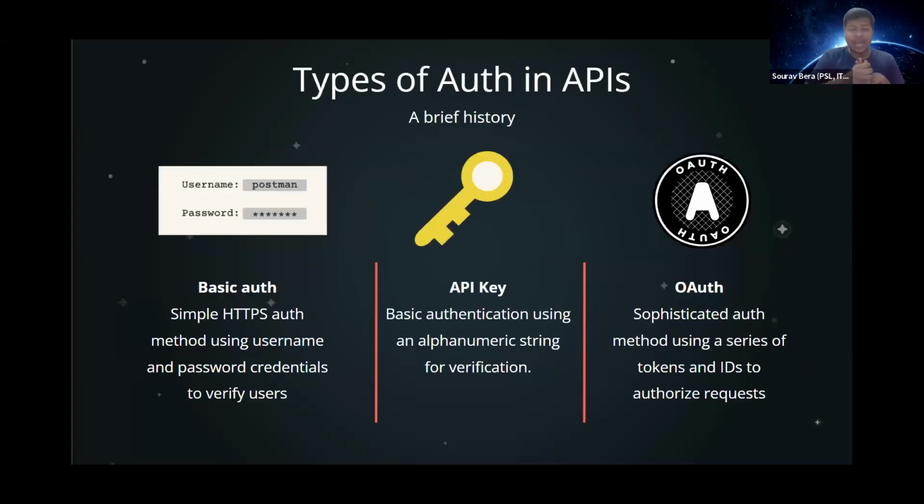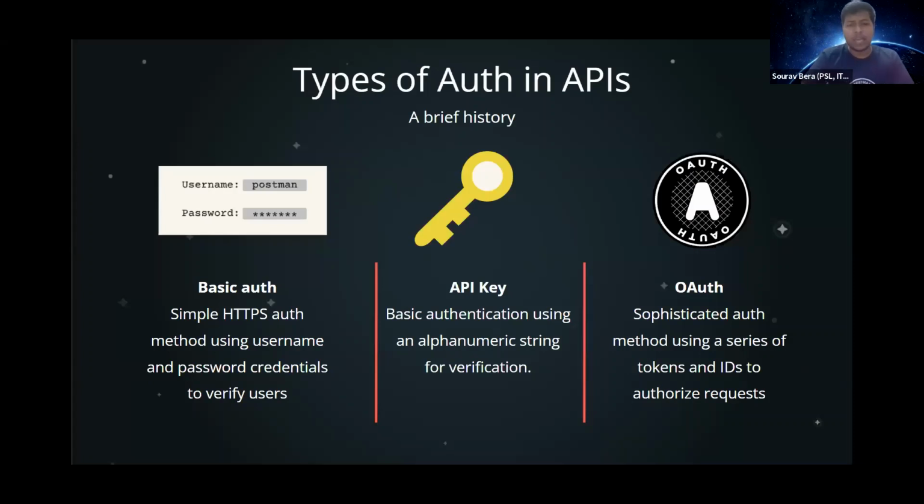Now we'll discuss the types of authentication in APIs. These are basic auth, which you must be aware of, a simple HTTPS based authentication method which consists of a username and a password credential. But do we really want to share our passwords? Isn't it a malpractice?